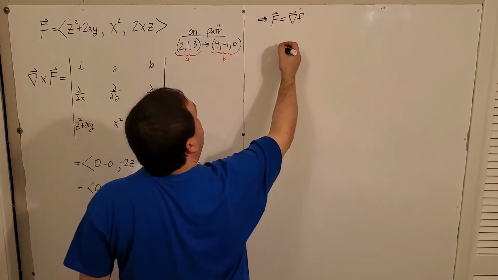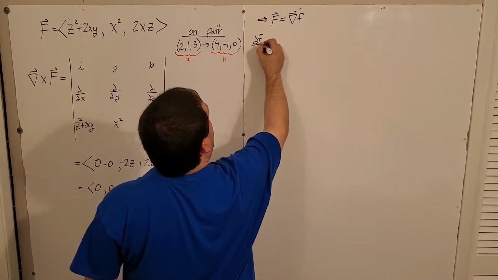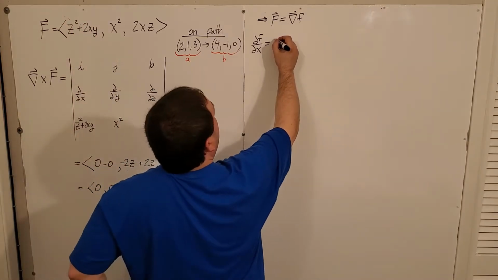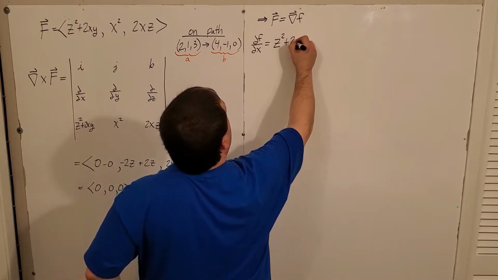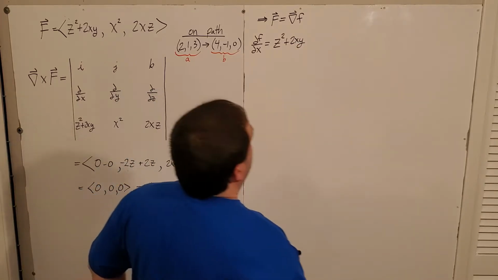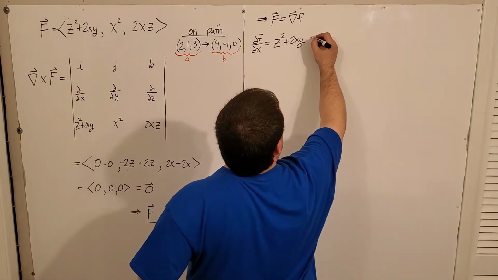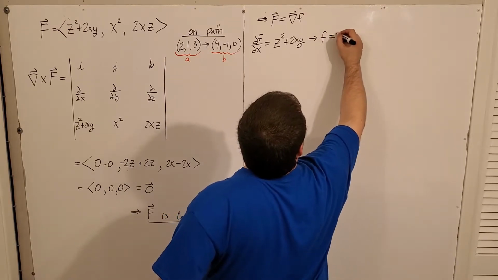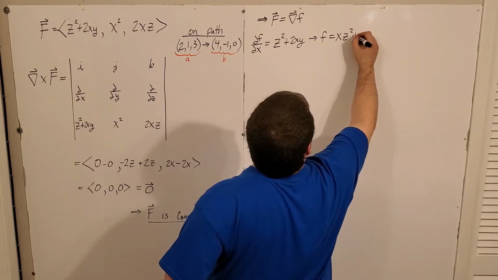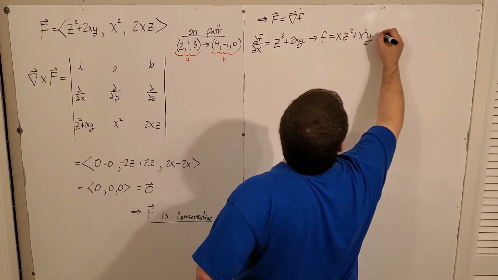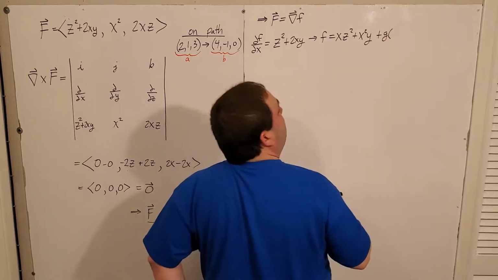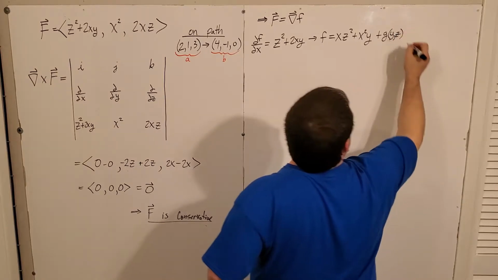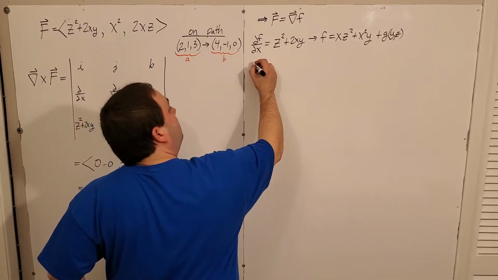So that means the partial of f with respect to x would have to be equal to my first component over here, z squared plus 2xy. So this piece of information is telling me that f is equal to xz squared plus x squared y plus some other potentially some other function of y and z. Okay.